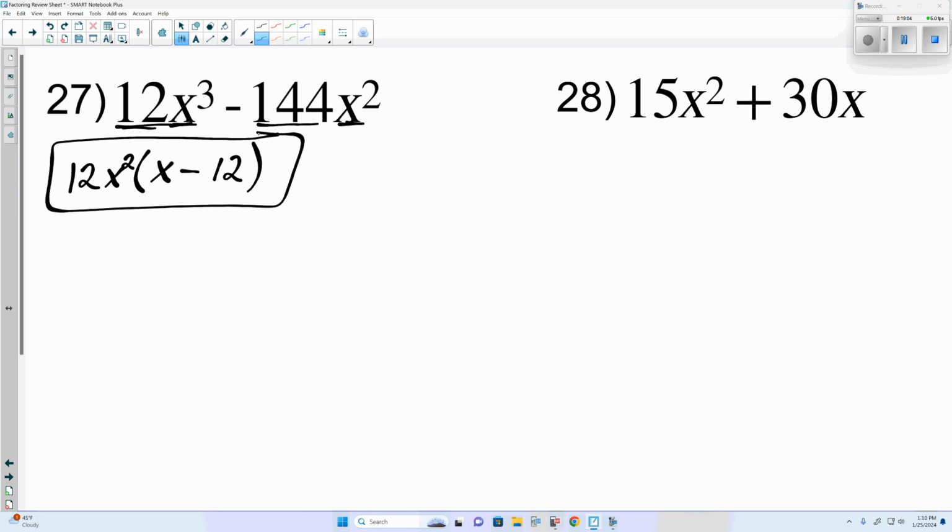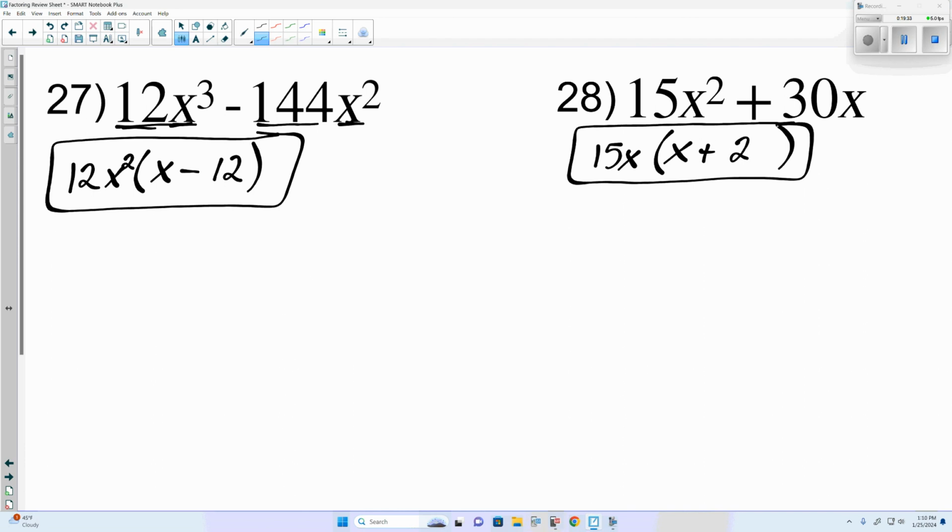If we look at the next one, the greatest common factor between 15x squared and 30x is 15x. So if we factor 15x out of 15x squared, we're left with x, because our 30 divided by 15 would be 2, and the x with our 30x would be factored out.